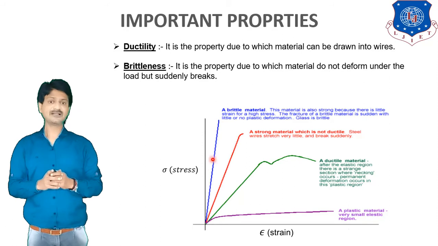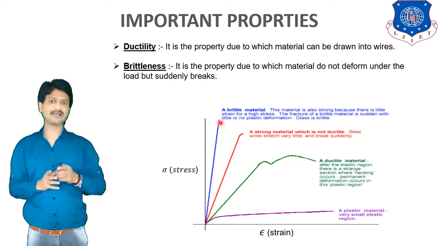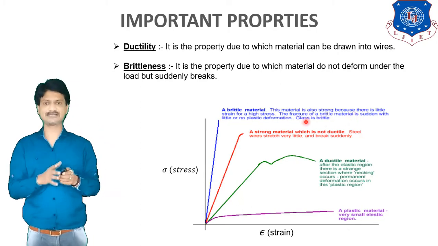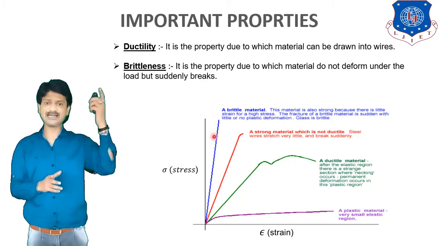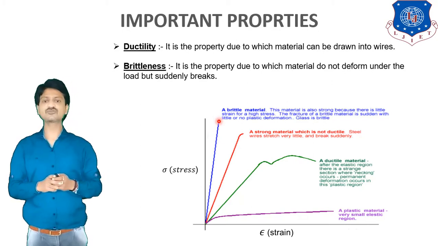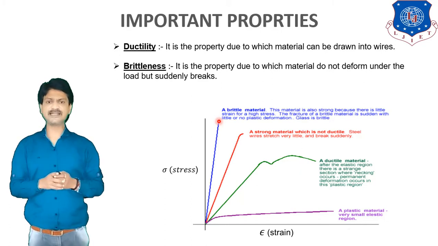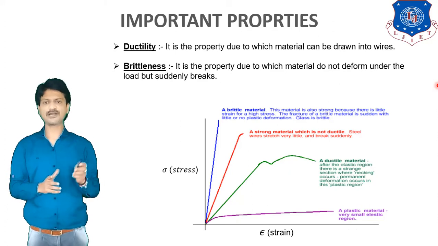So in the stress strain diagram of a material which possesses brittleness, it hardly shows any yield point, and normally that yield point coincides with the breaking point. So all non-ductile materials are brittle. A compression test is generally performed for testing brittleness of a material. So it is a compressive quality of the material. So this is about brittleness.